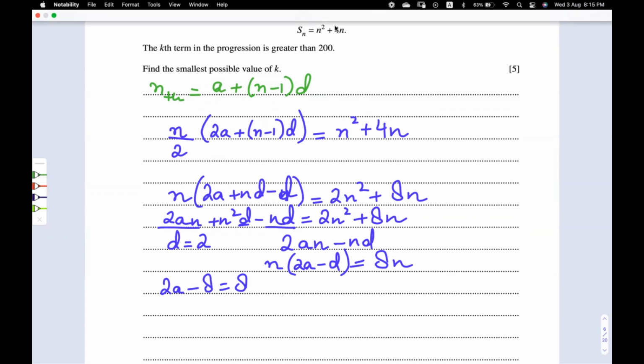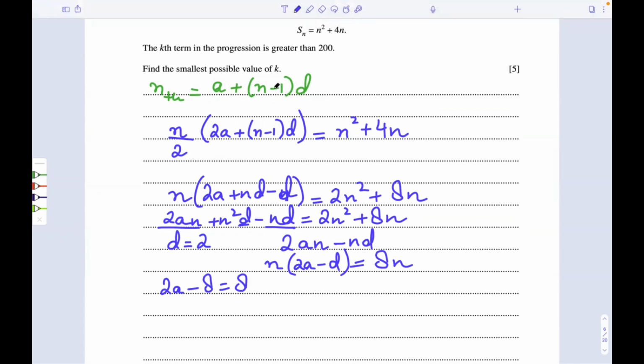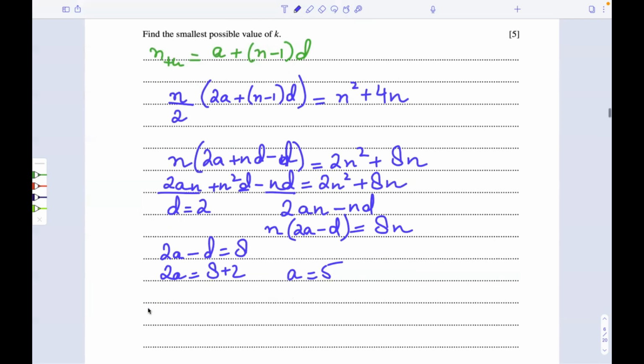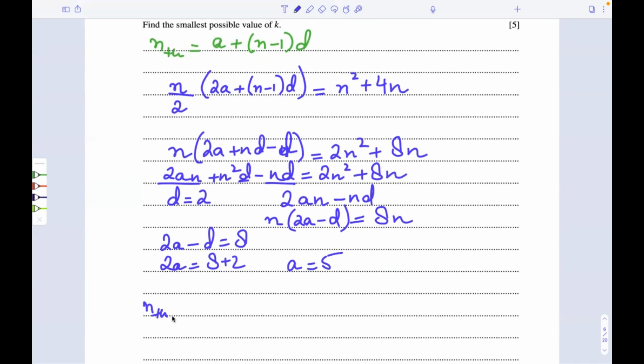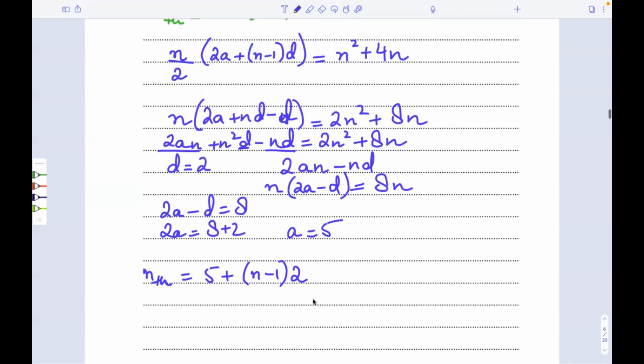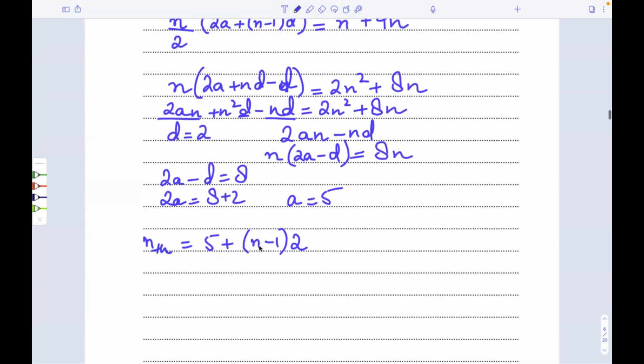And as d is equal to 2, we get 2a is equal to 8 plus 2, 10. So a will be equal to 5. So we have the formula for the nth term, which is 5 plus n minus 1 into d, which is 2. Now we have to find the value of n such that it is greater than 200.